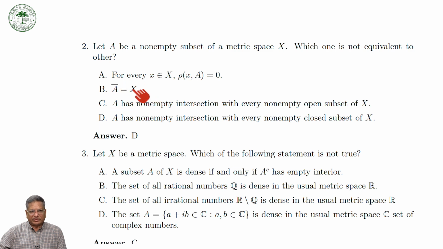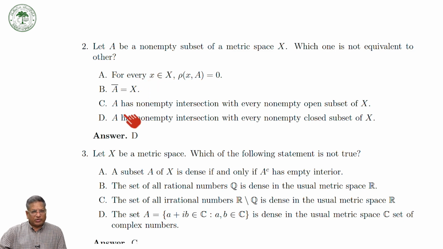And then we gave the characterization that A is dense if and only if the distance from every point x in X to A is equal to 0. So these two are equivalent. This we have already proved.